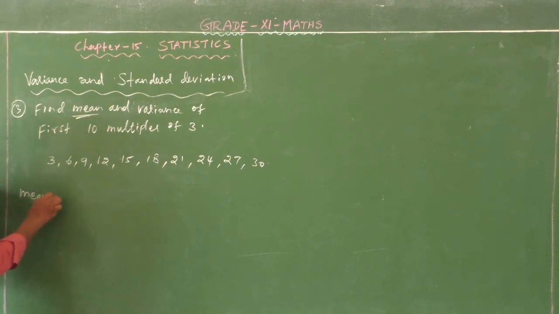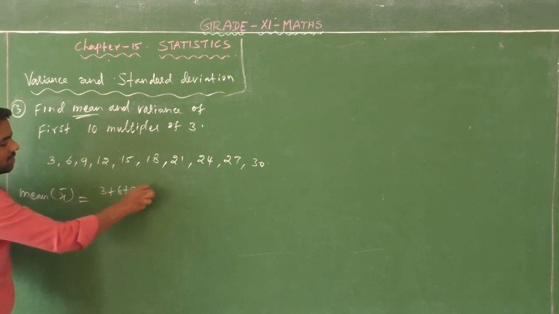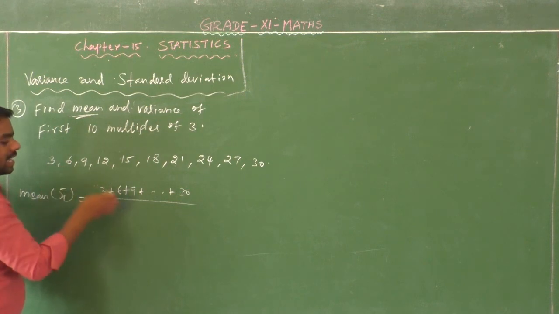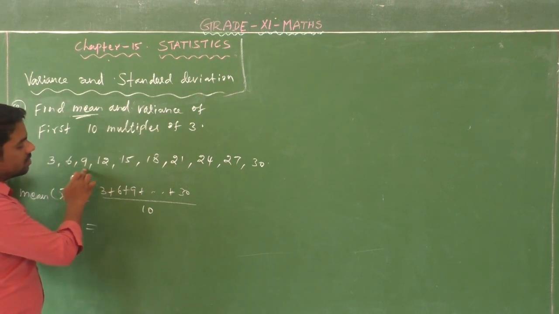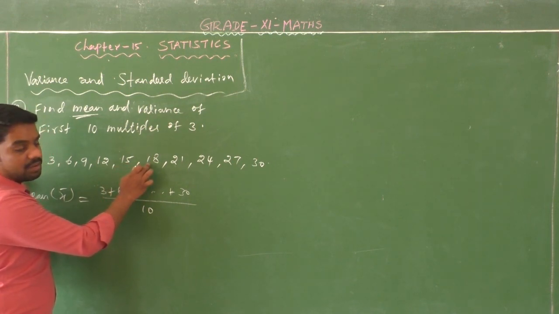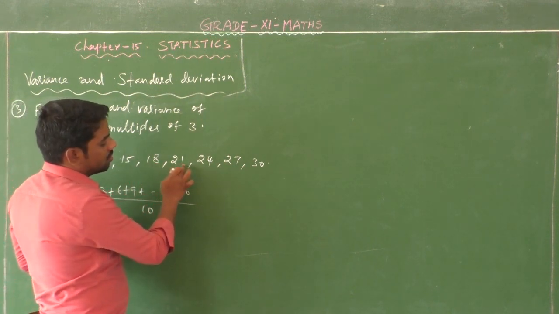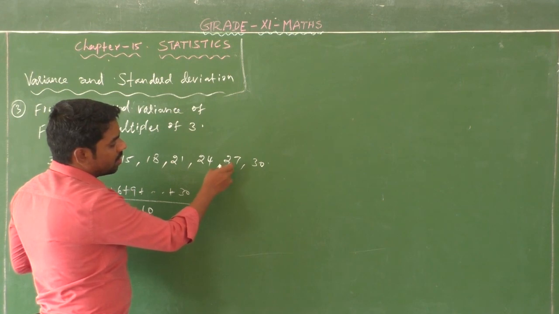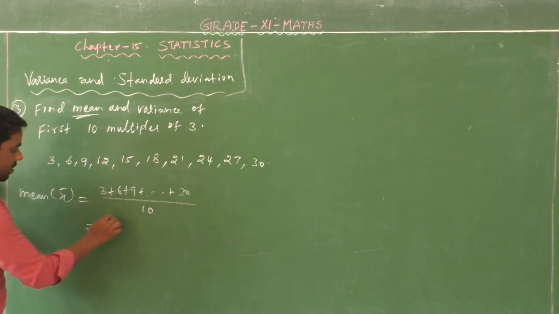Mean, that is x bar, equals the summation of these terms divided by n, the number of observations, which is 10. So 3 plus 6 plus 9 and so on up to 30. The sum of these values is 165.